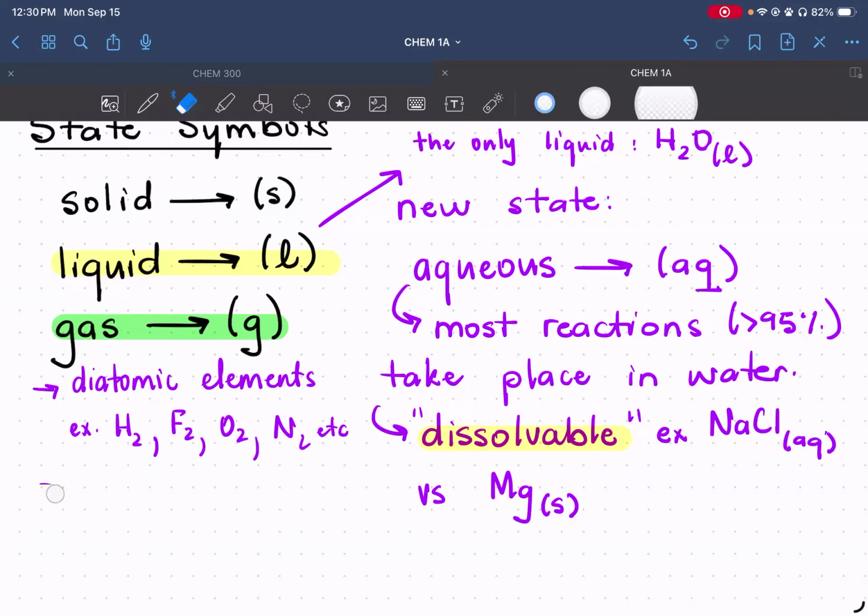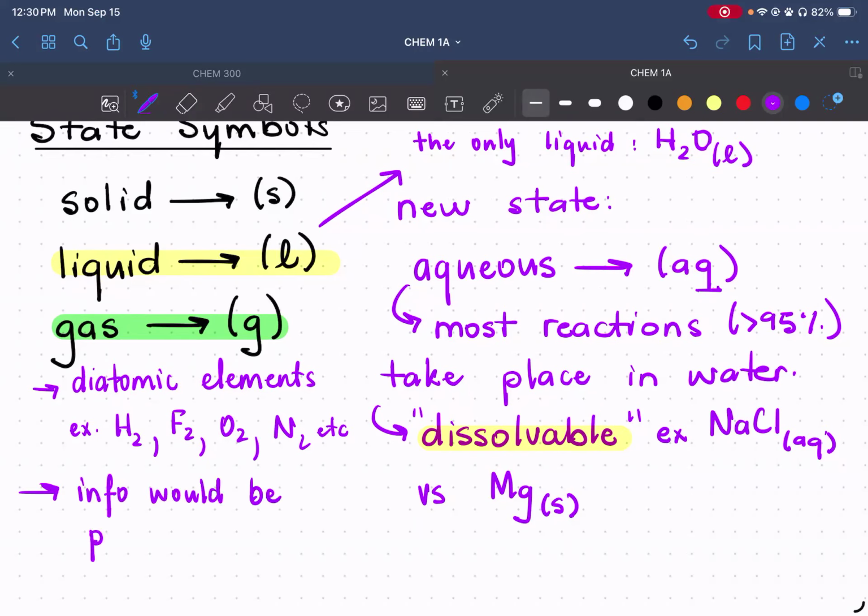How else would you know that something is a gas? Information would have to be provided. What do I mean by that? I would have to say somewhere in the question, the following reaction results in a gas.